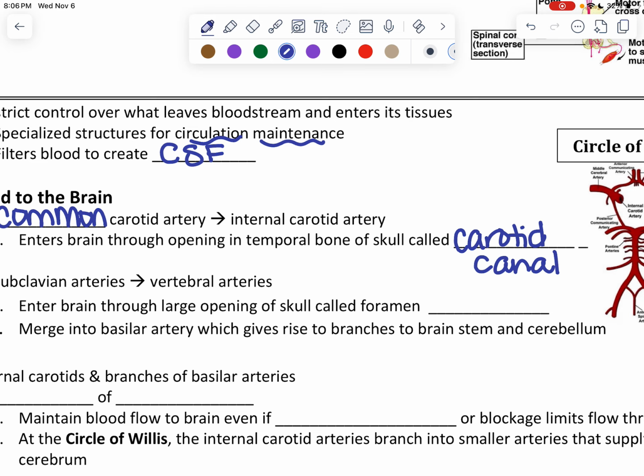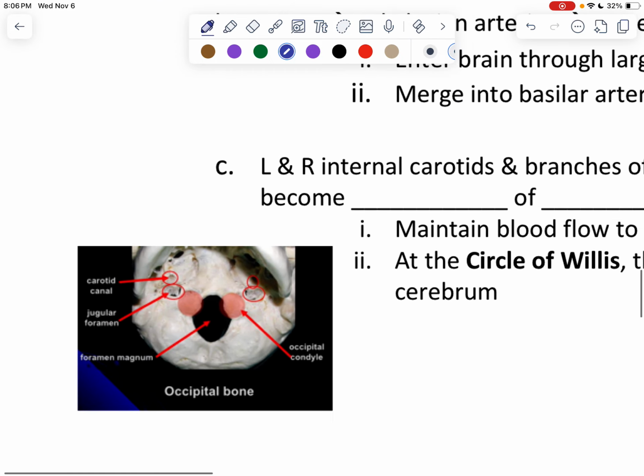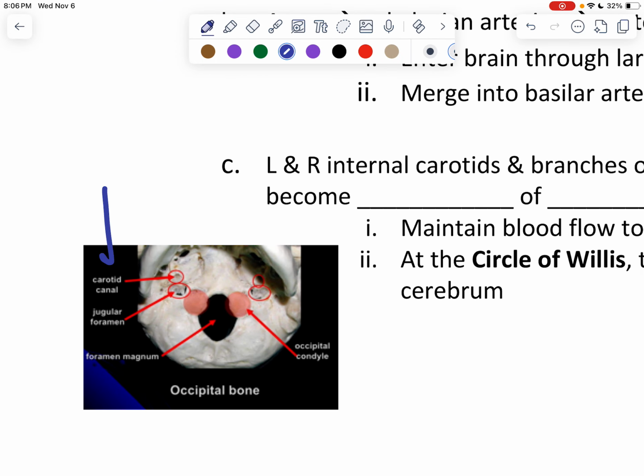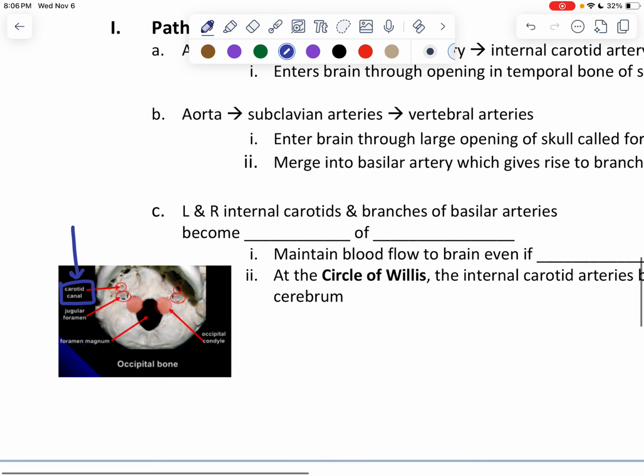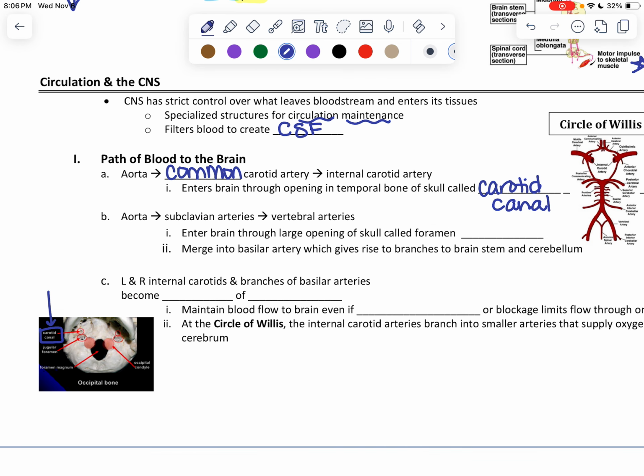I think my blank got cut off by the picture. I apologize. Okay, so here is the image of the picture I wanted to show you. That's called the carotid canal, and you might see it when you look at the skull eventually when we talk about bones.